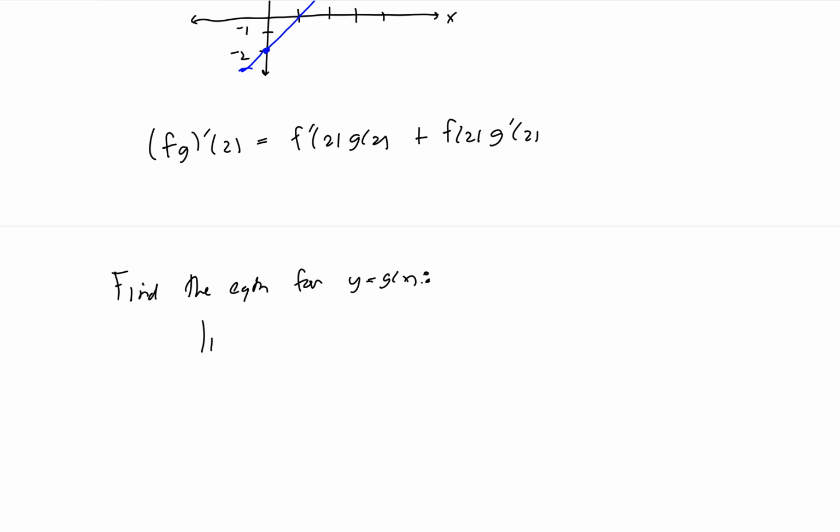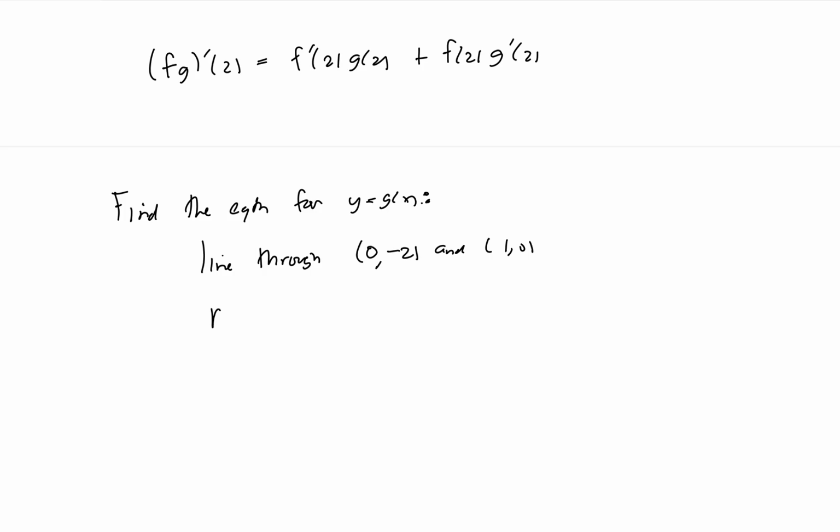So we know it's a line through the points (0, -2) and (1, 0). So that means our slope here, we can take change in y over change in x. So it's 2 over 1, so this is 2. And so that also, notice, immediately tells you g prime of everything, since it's a line, is 2.